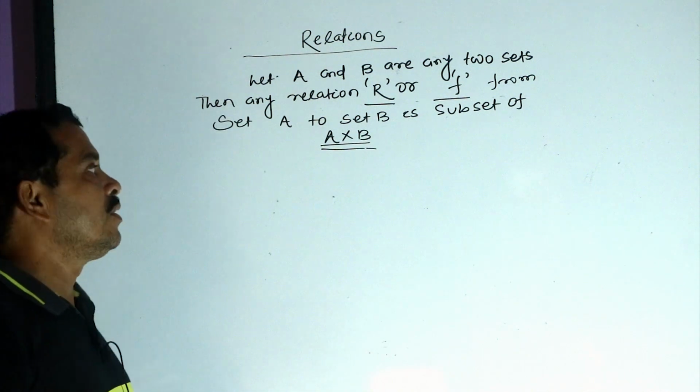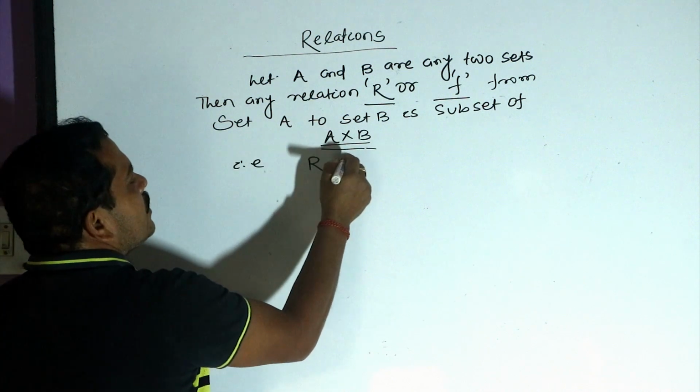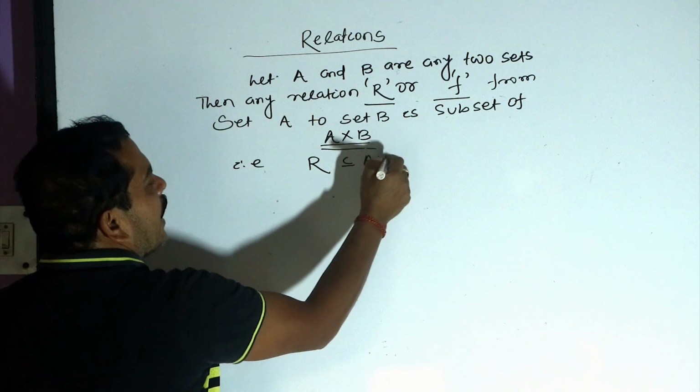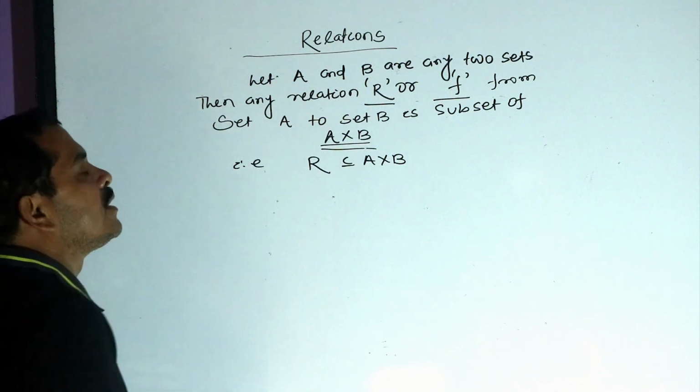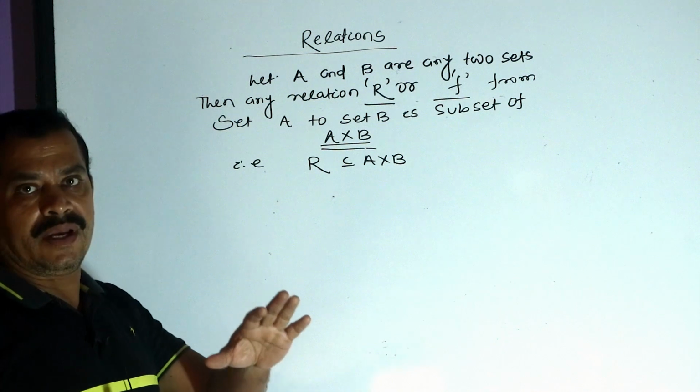Any type of relation, that is, R is a subset of A cross B, means any relation from set A to set B is a subset of A cross B.